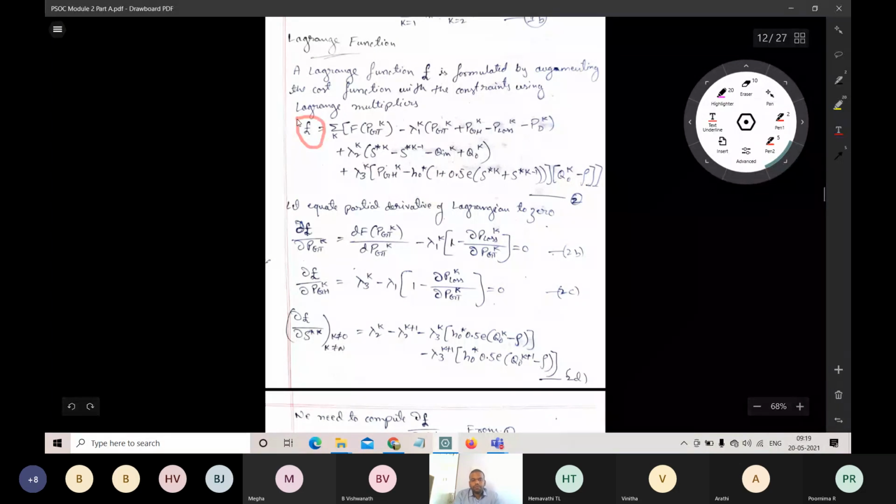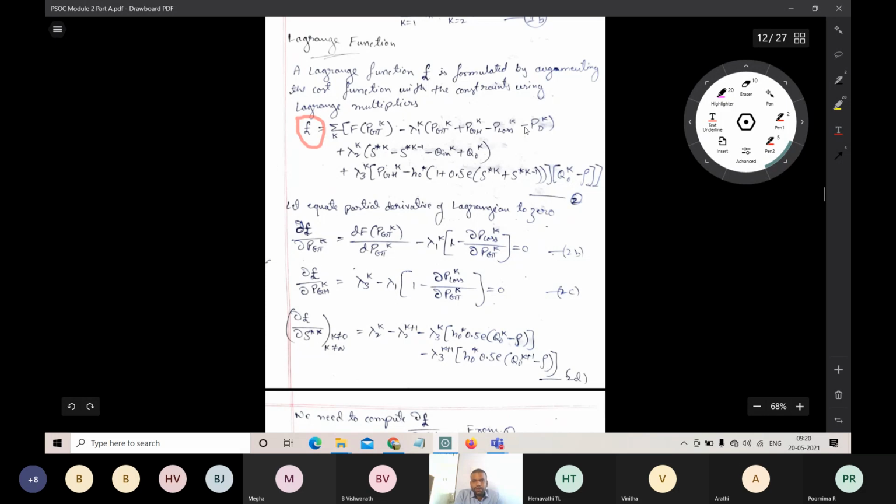Now, in order to minimize this equation, we are going to take the partial differentiation of the Lagrangian function with respect to PGTk. So partial differentiation is dou Lagrangian divided by dou PGTk.